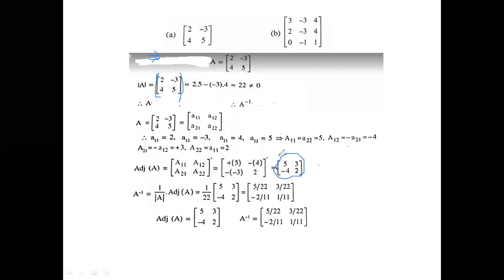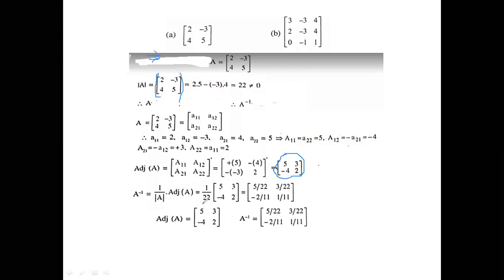Now A inverse, it is known to us, and I have cleared it in my previous lecture, that A inverse can be found by dividing the adjoint of A by the determinant. So adjoint A is this, 5, minus 4, 3, 2, and determinant is 22.